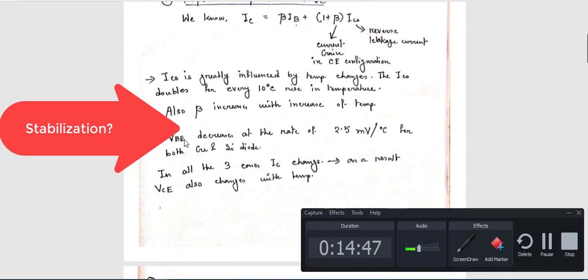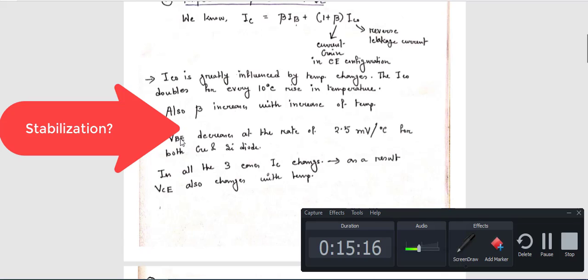Again, there is another factor, that is base emitter voltage. VBE, the base emitter voltage, decreases at a rate of 2.5 millivolt per degree centigrade. That means if temperature increases, the base emitter voltage decreases. Base emitter voltage decreases means base voltage decreases, so base current decreases.